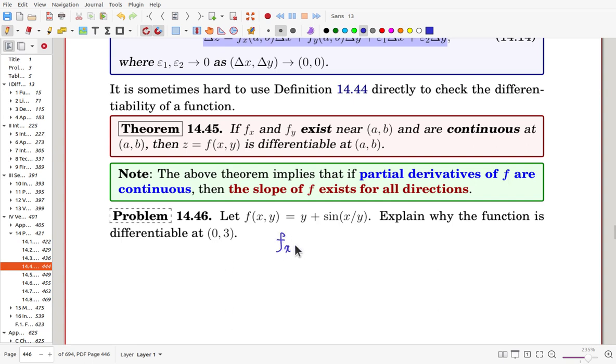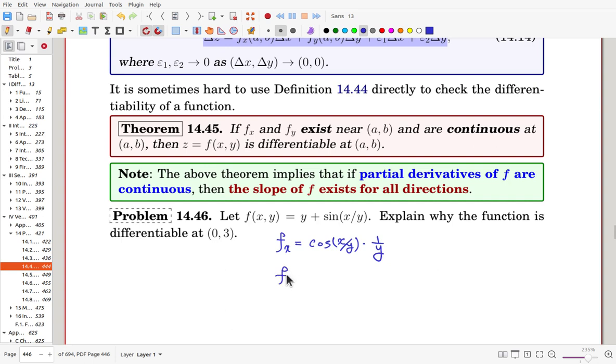f sub x, the x derivative, okay, the y term gives 0, and along with this sine, we take the derivative, which is cosine of x over y, and the x derivative of x over y, which is 1 over y.